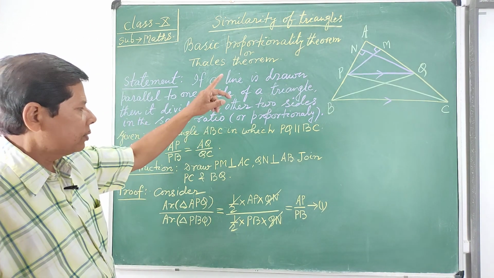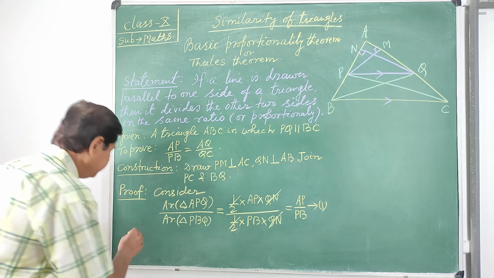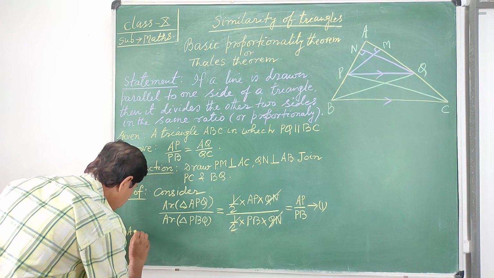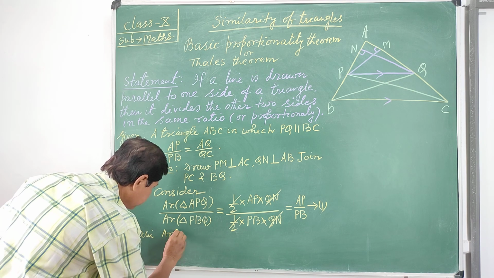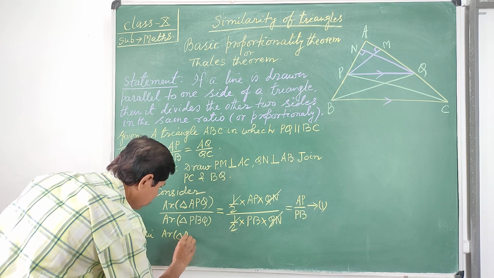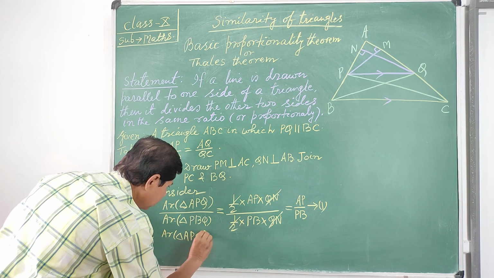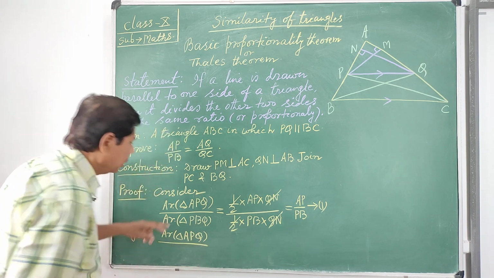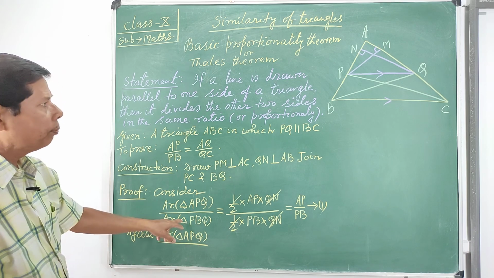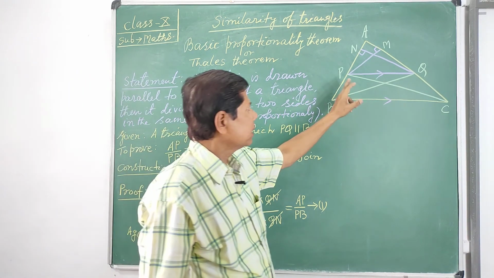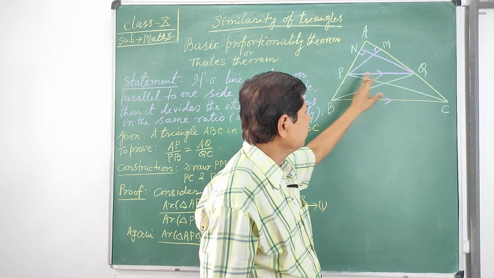Similarly, we shall consider again the area of triangle APQ. The numerator will remain the same, and instead of PBQ, from this side we shall consider triangle PCQ.